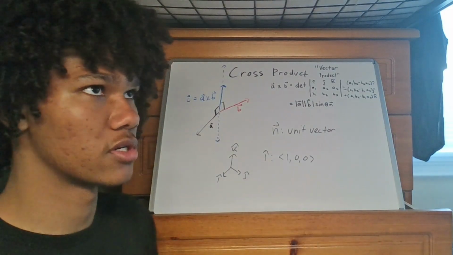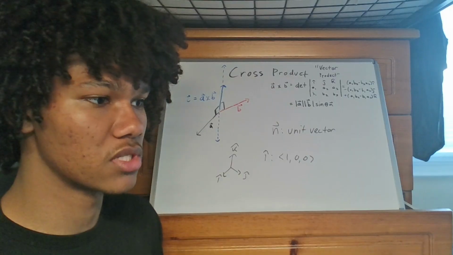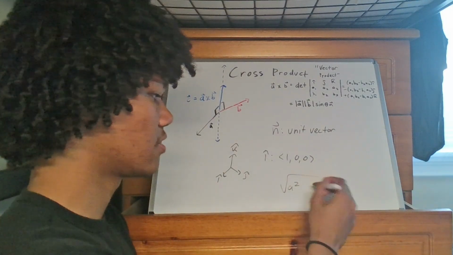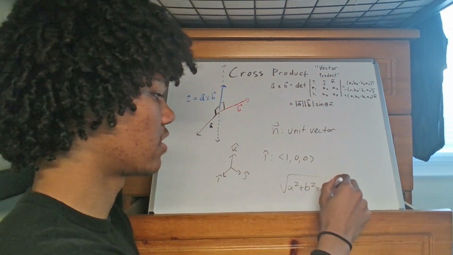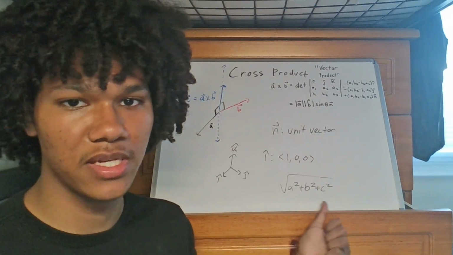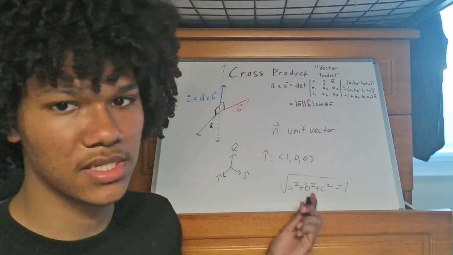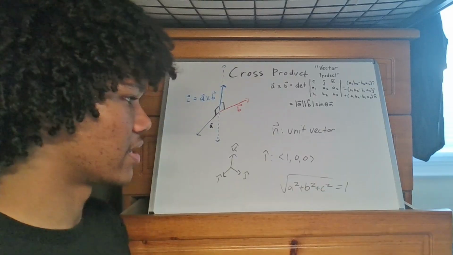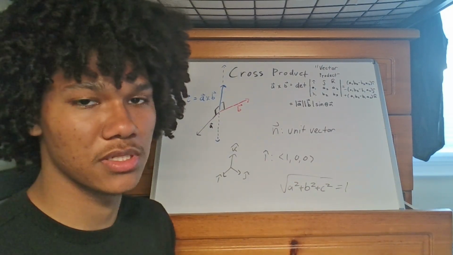So if a vector has components a, b, and c that satisfy this equation, where the square root of the sum of their squares is 1, then it's a unit vector. For example, the easiest one would be, again, the unit vector 1, 0, 0. 1 squared plus 0 squared plus 0 squared is 1.